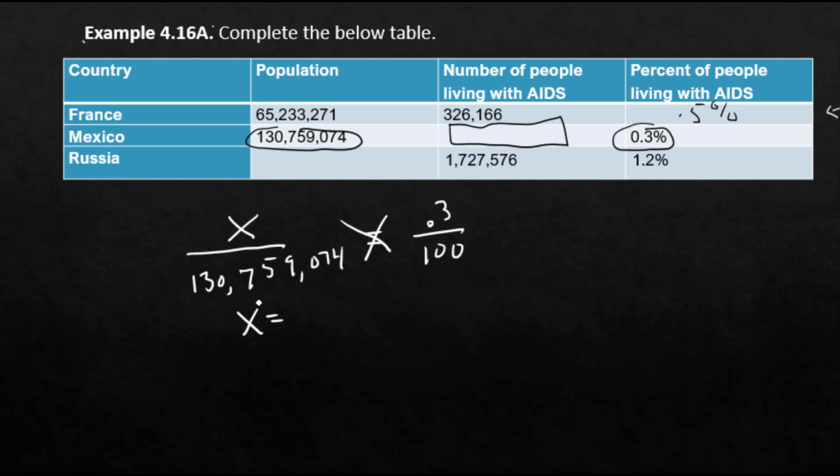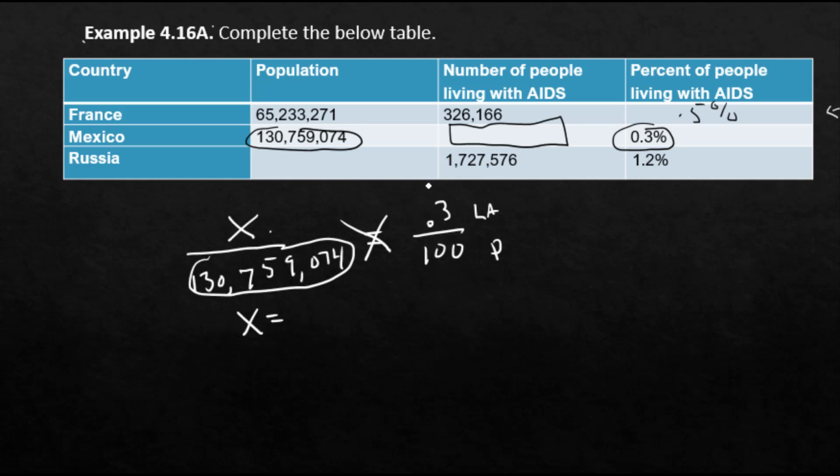But you want to put it on pause and make sure you can do that, and understand what I'm doing here. There's 0.3 people living with AIDS out of every 100 people. Over here, I don't know how many people are living with AIDS, but I know how many people total. Of course, this one we want to round to the nearest whole number, because you can't have half a person with AIDS.